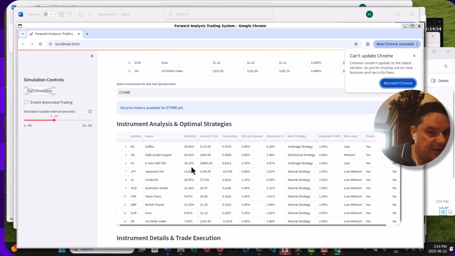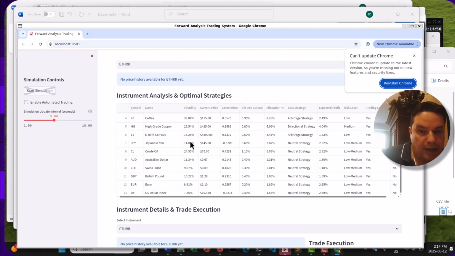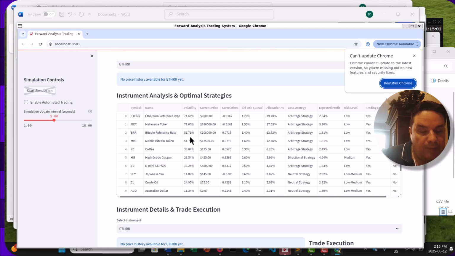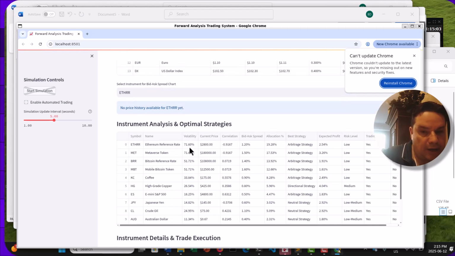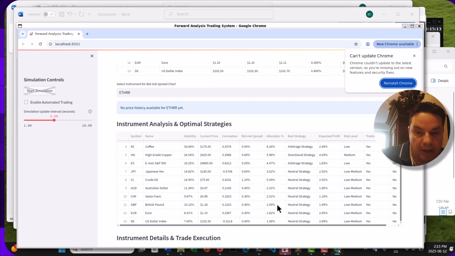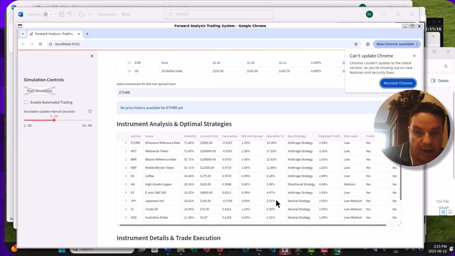Here you can see it's at 18%, and the volatility is pretty crazy on an annual basis. You can also see there is a different measurement of correlation, and you can see where the higher allocation is.